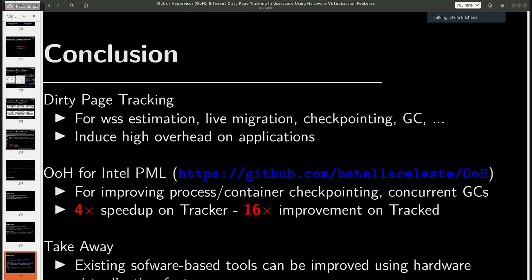So this is part of our ongoing work, trying to use those virtualization features in non-virtualized environments. I don't know if it answers your question.